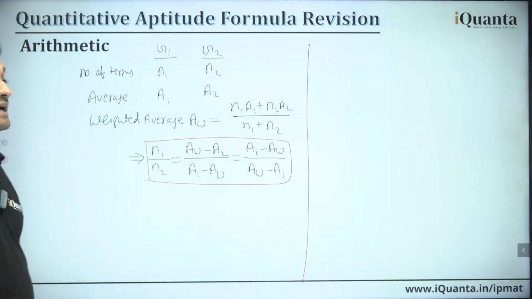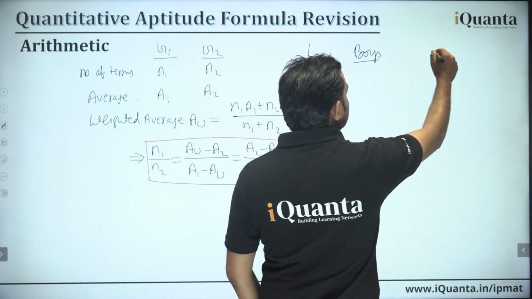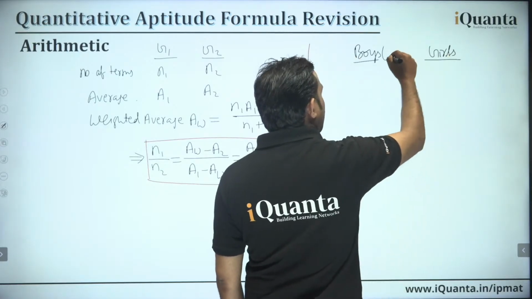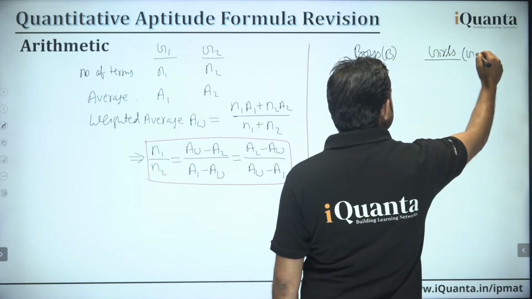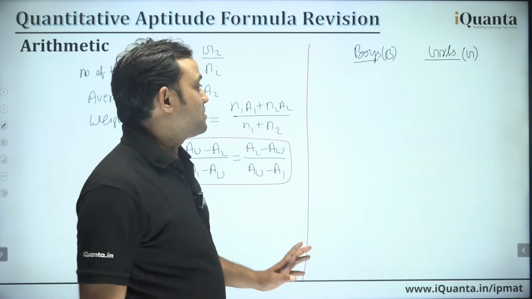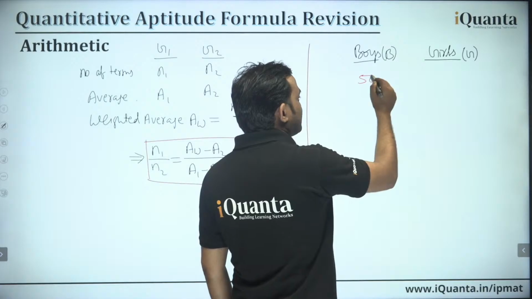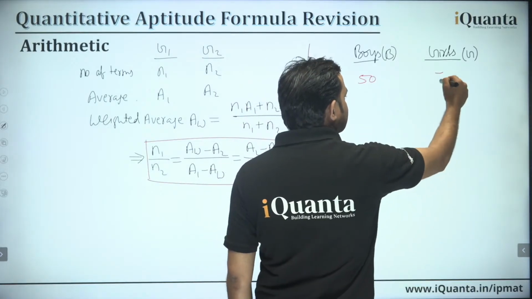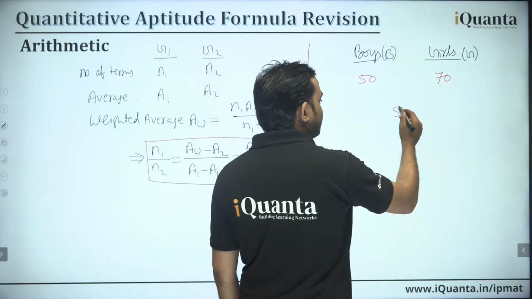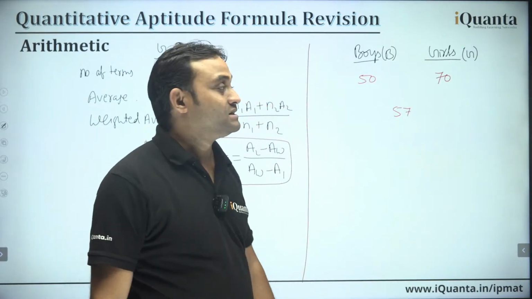Okay, so in which type of questions do we use this concept? Let's say number of boys is B in a class, number of girls is G in a class, and the average marks of all the boys is 50, the average marks of all the girls is 70, and the weighted average of all the students is 57.